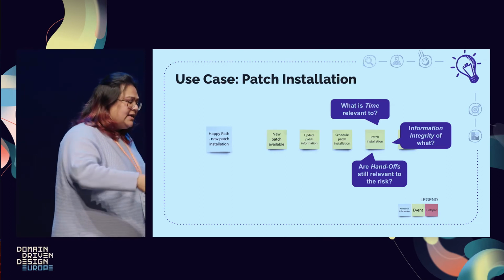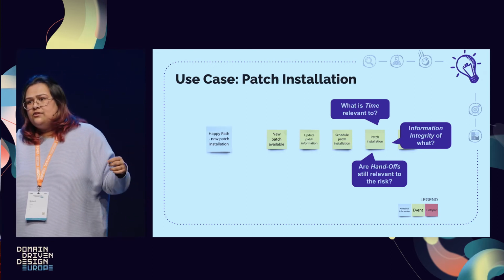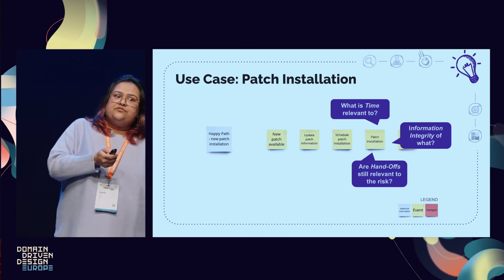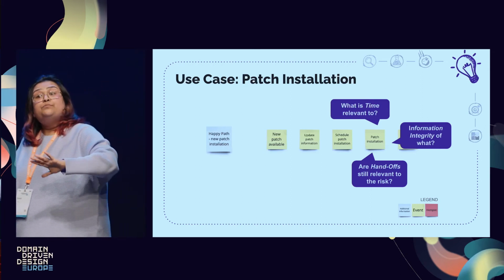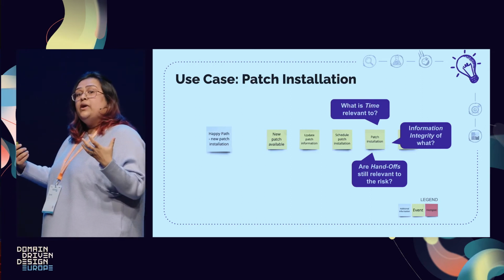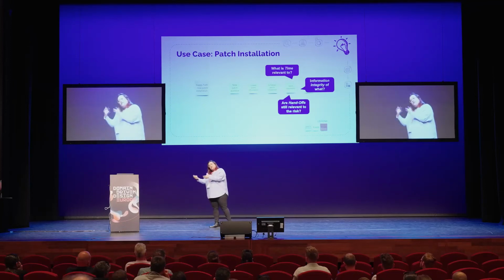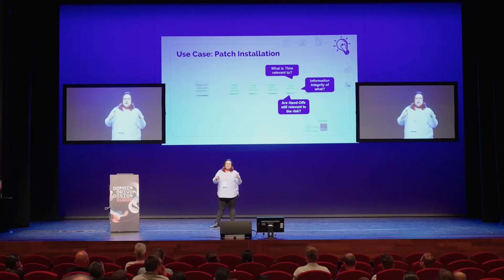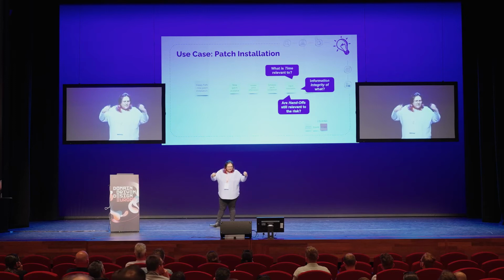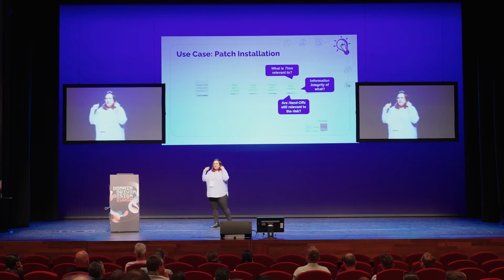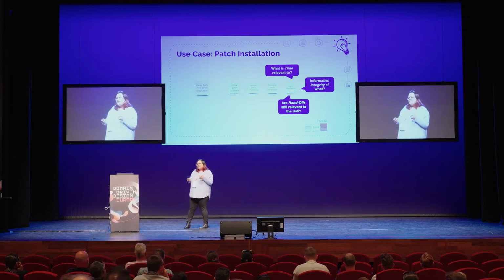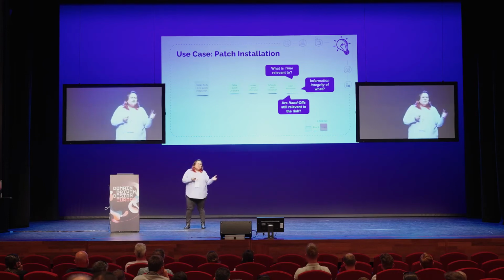And again, we're looking at time, we're looking at handoffs, we're looking at the integrity of information. At this point, we were really wondering why this was not aiding the conversation we wanted to have. Why do we feel that we're doing something really futile and that we're not getting anywhere? Is this just as bad as drawing component diagrams?